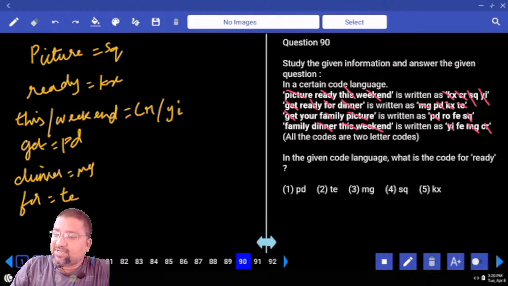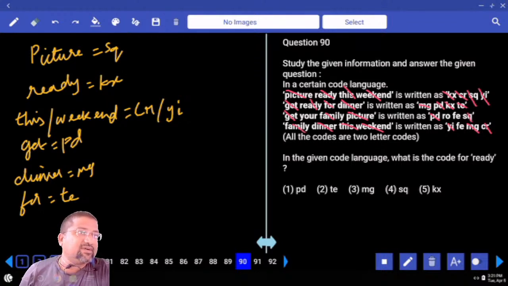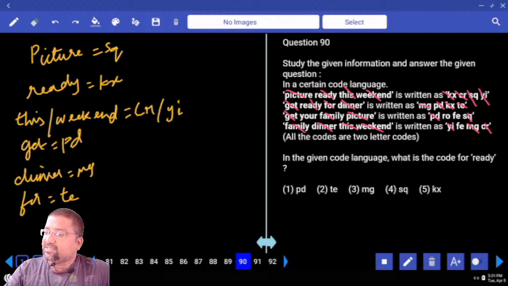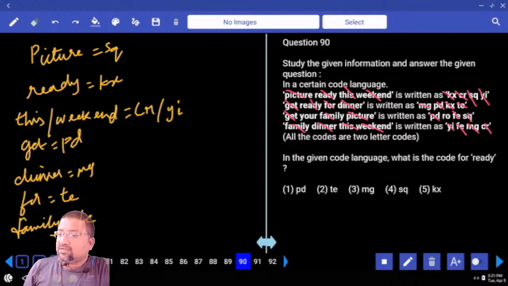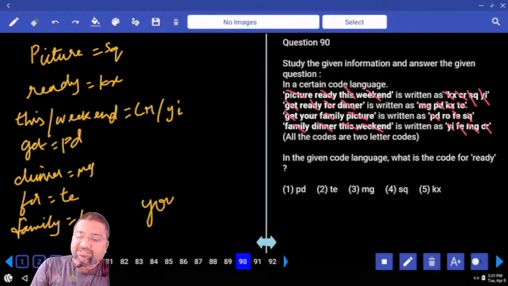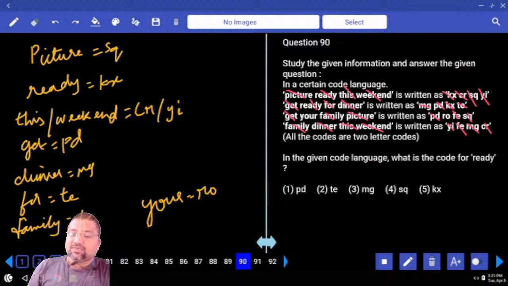I can see family in the fourth. Family is FE. And the final word that is left out is your. And your is equals to RO.